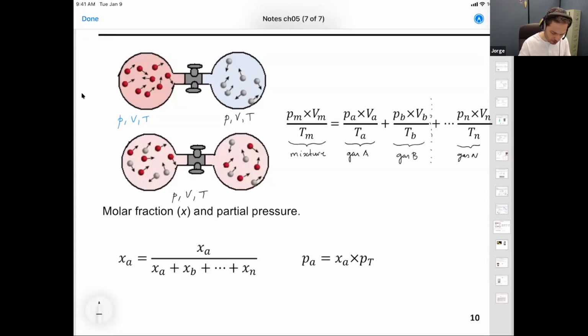I'm not going to go into a lot of detail here because we are not going to explore mixtures of gases too much.